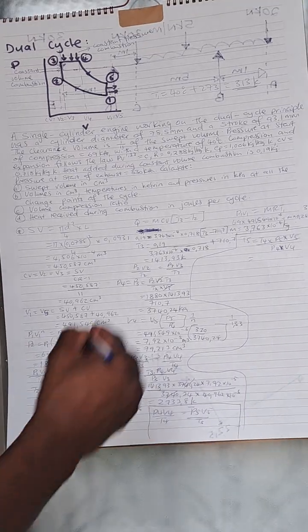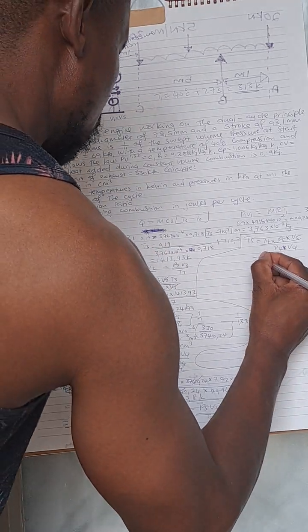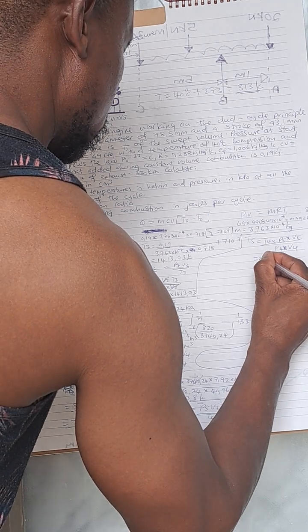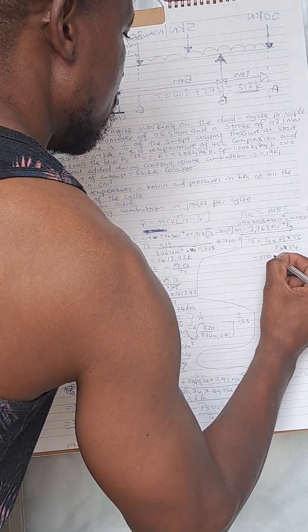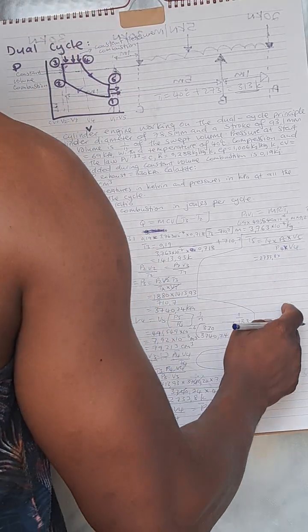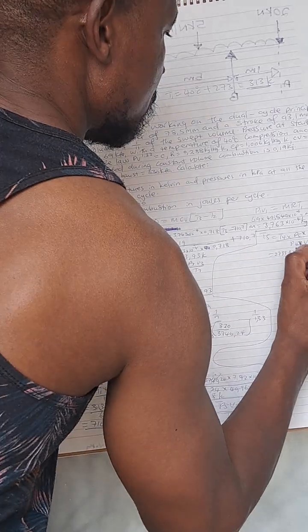T4, we have 2733.8. P5 was given as 330.